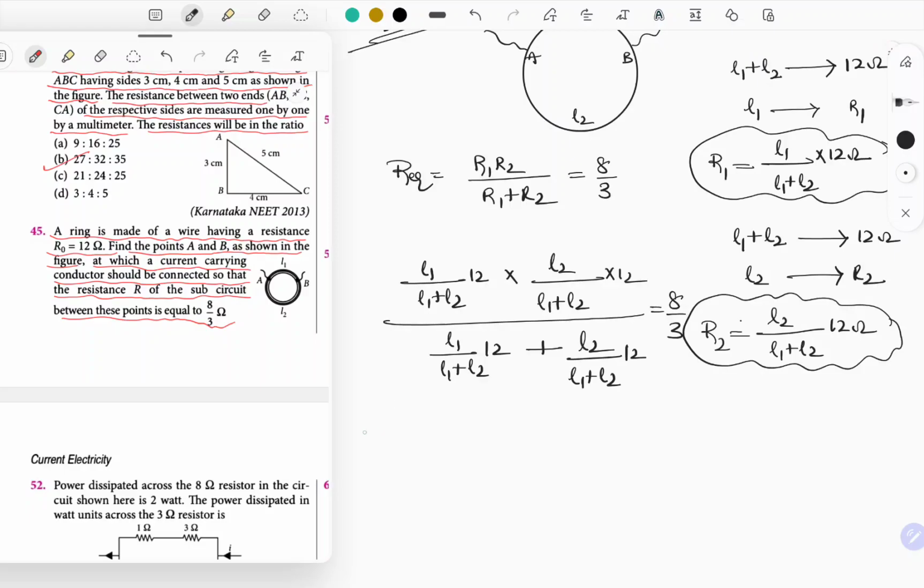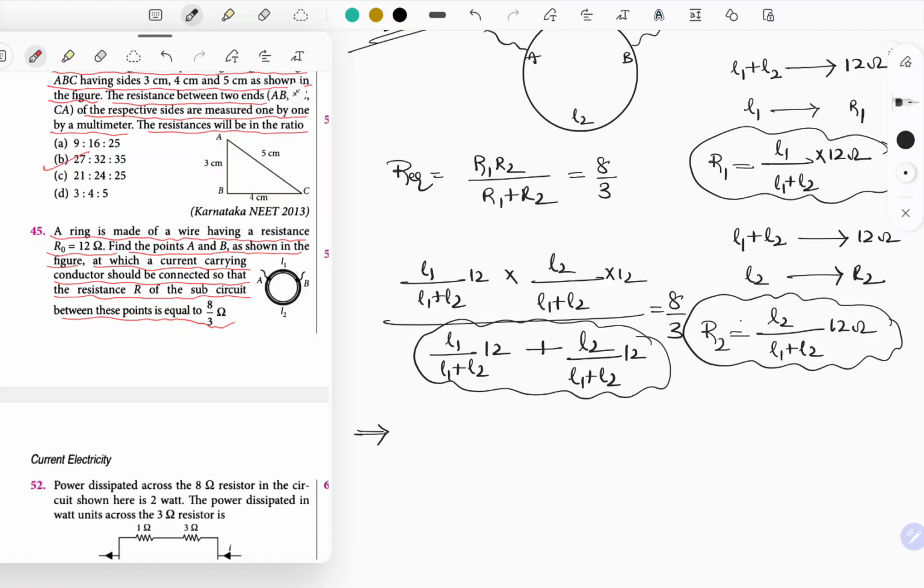Let's solve this. In the denominator, if you take 12 common, it's going to be L1 plus L2 by L1 plus L2 again. The numerator and denominator will get cancelled out, and in the denominator you are left with only 12.